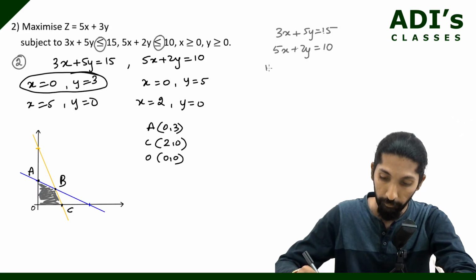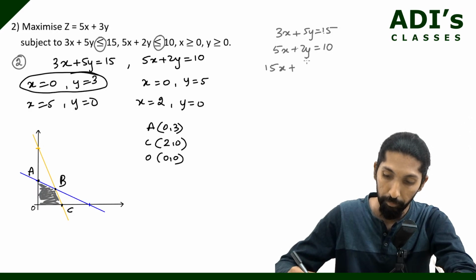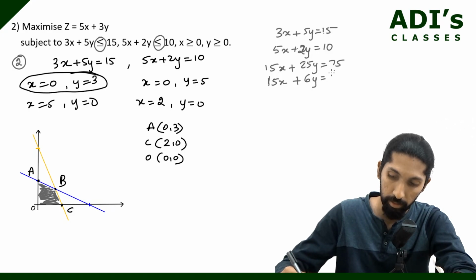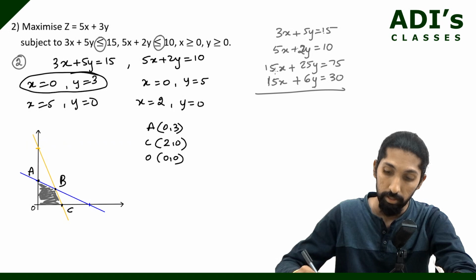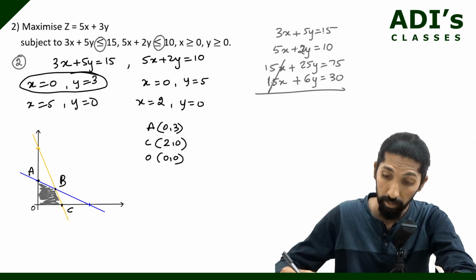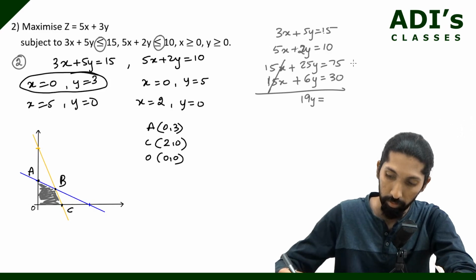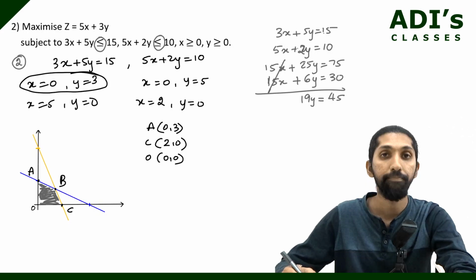So you're going to have 15x plus 25y is equal to 75 and 15x plus 6y is equal to 30. Subtract, 15x gets cancelled. 25 minus 6 is going to give us 19y is equal to 45, right?